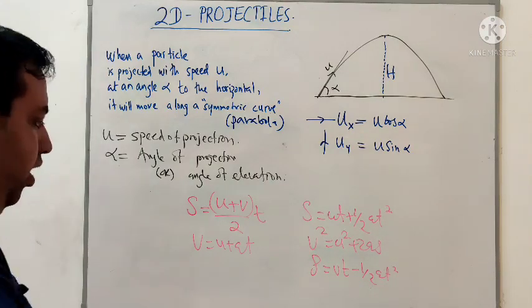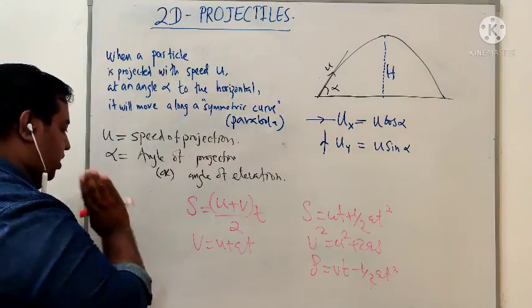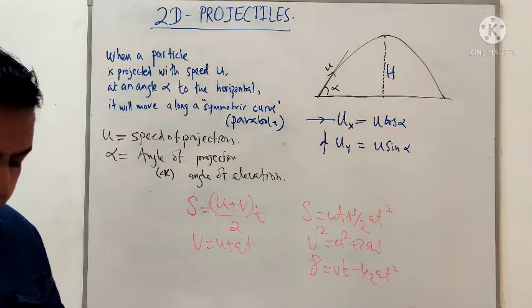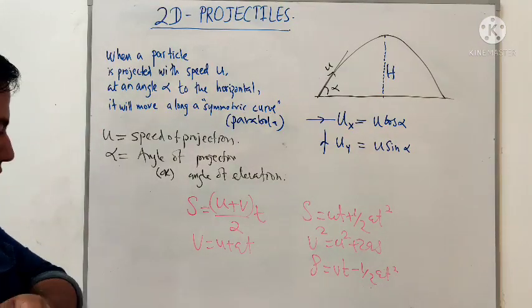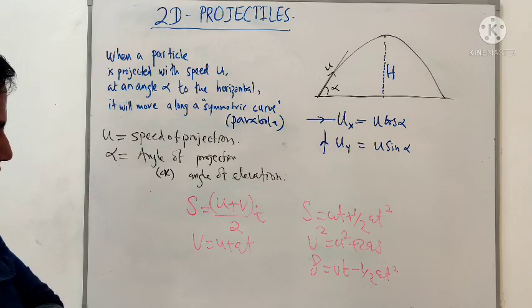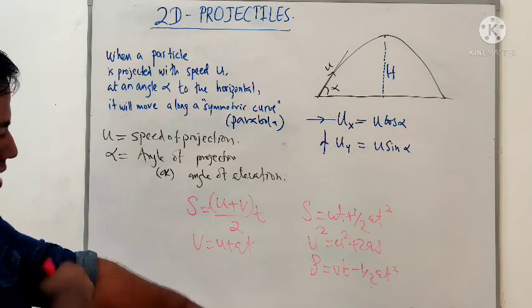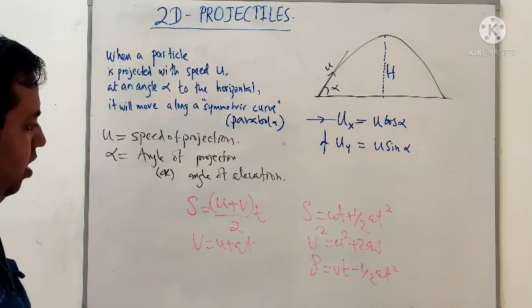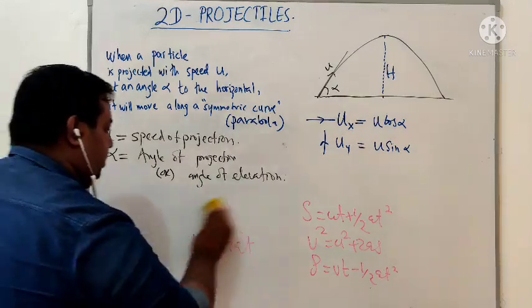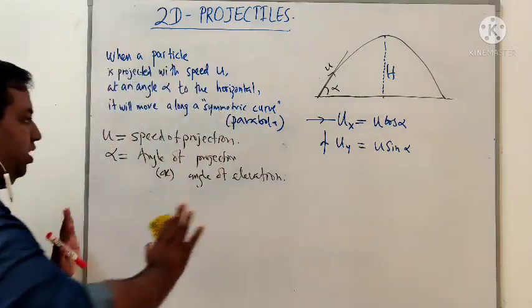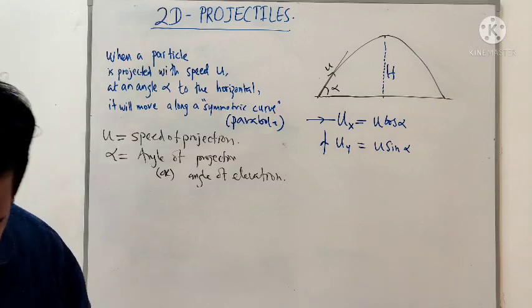When you use these equations, you have to tell the direction, because displacement is a vector quantity, acceleration also a vector quantity, right? Okay, this is the theory. Now we can use these equations for projectile calculations.